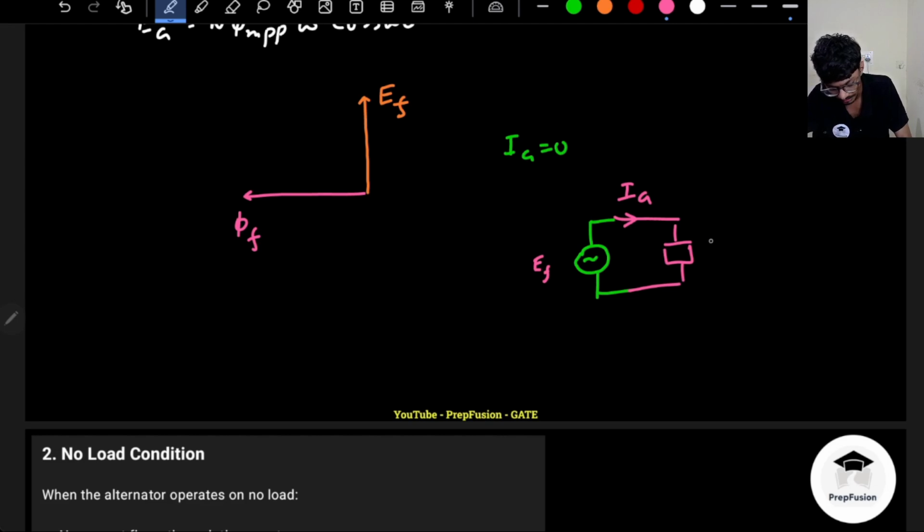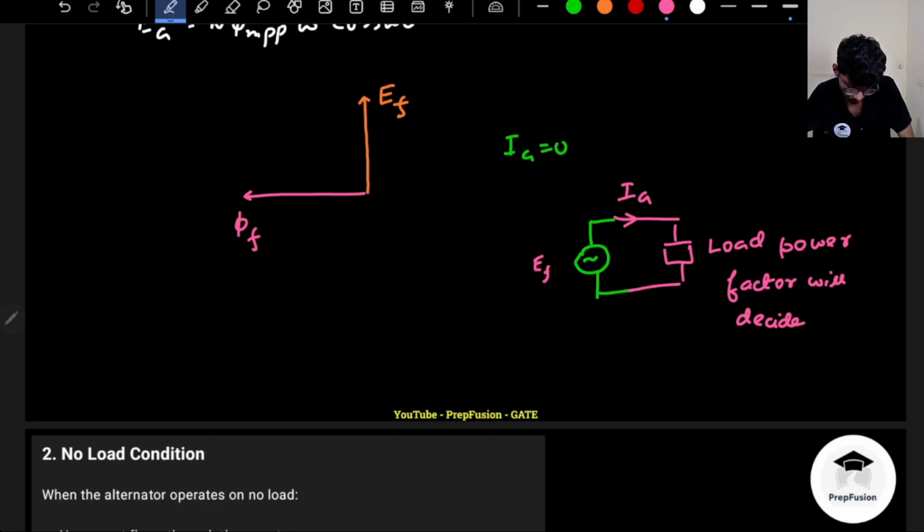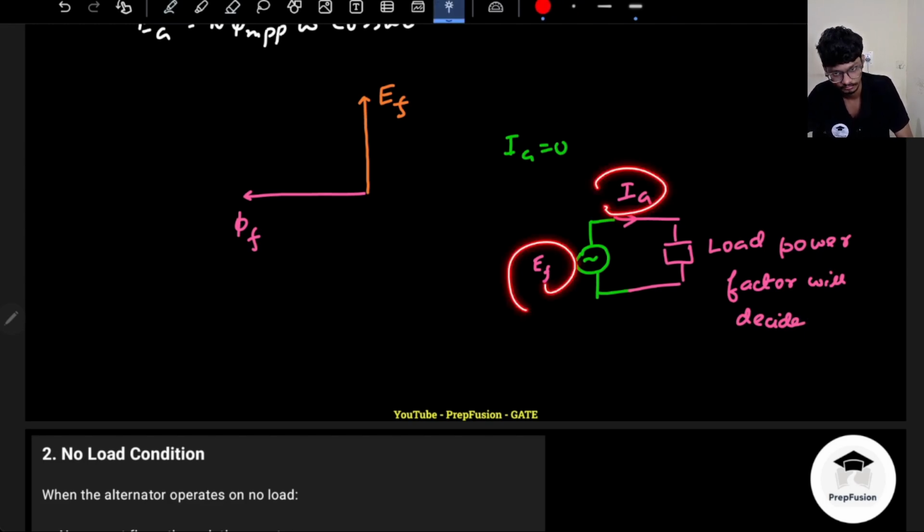So the load power factor will decide the angle difference between the current and the voltage.